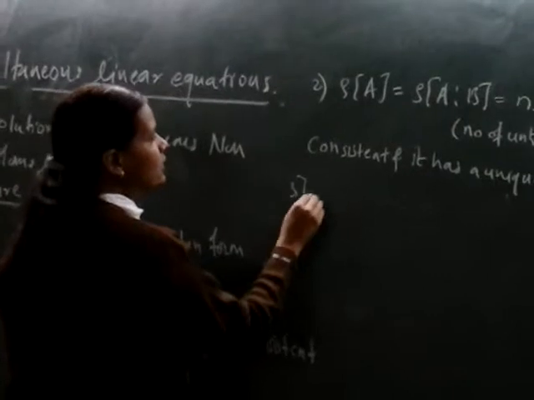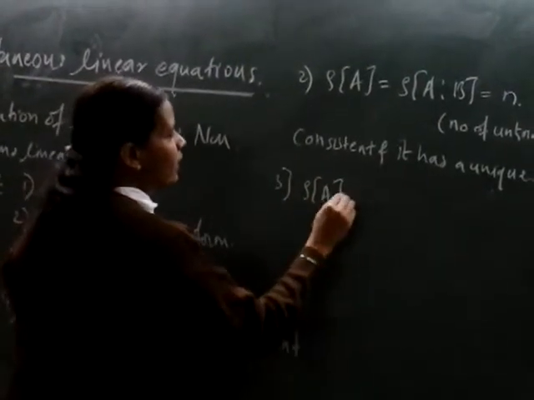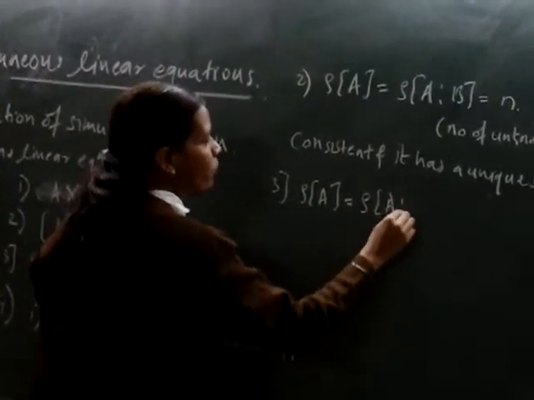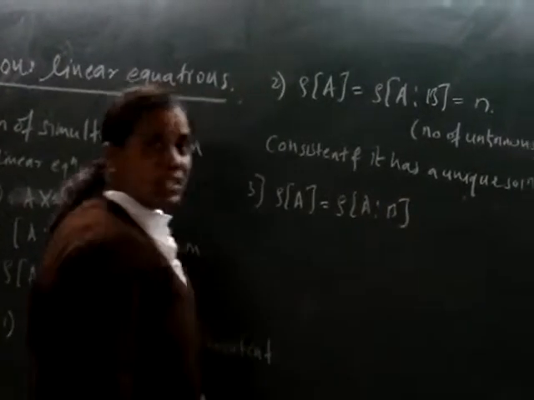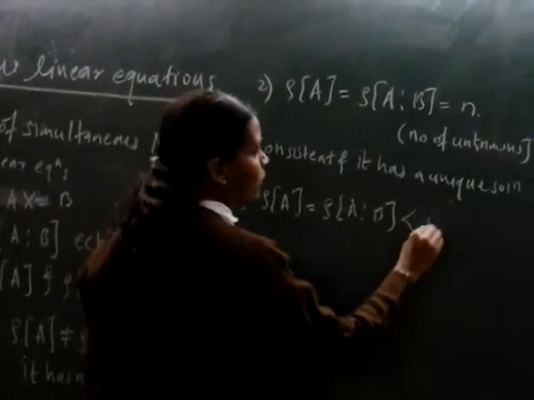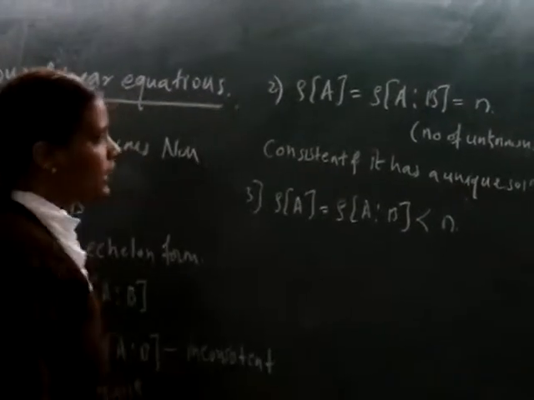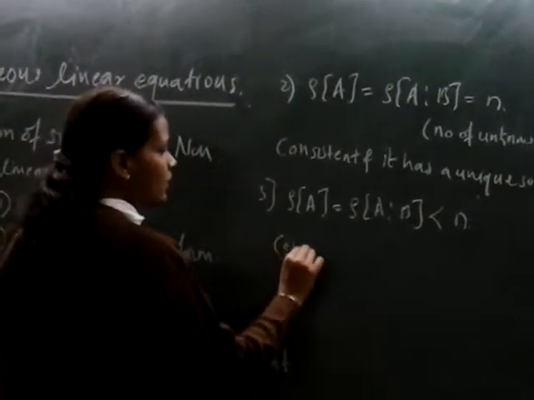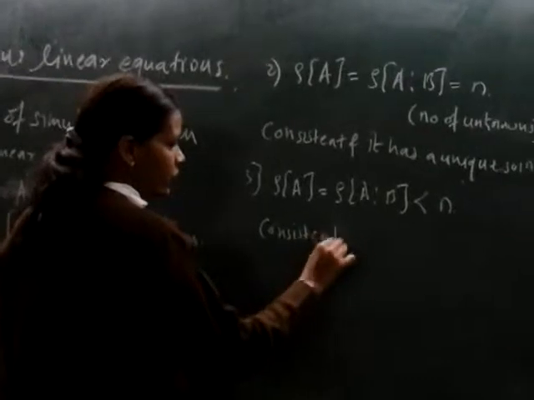And the third case, if the rank of A is equal to the rank of the augmented matrix and if this rank is less than the number of unknowns, then in that case the system is consistent.